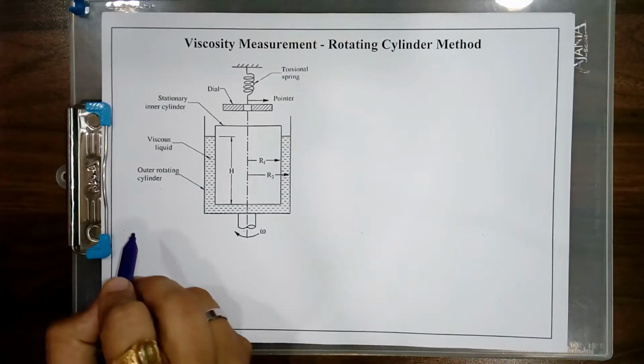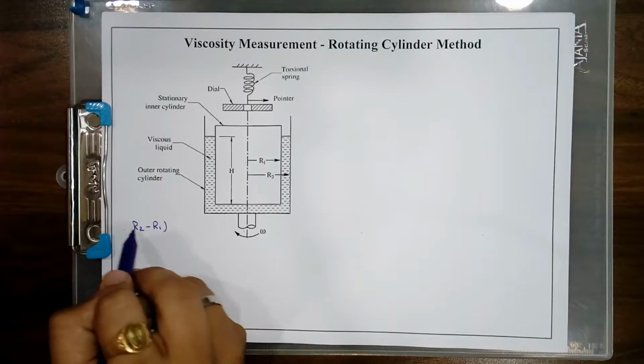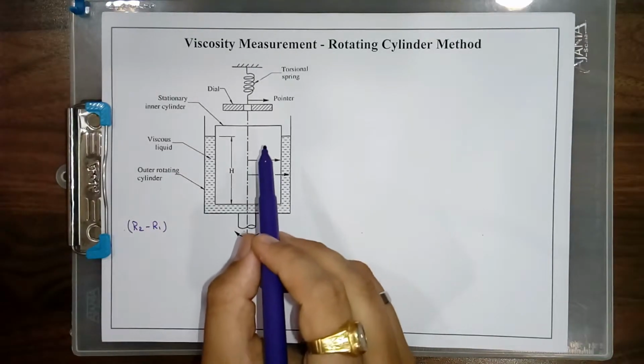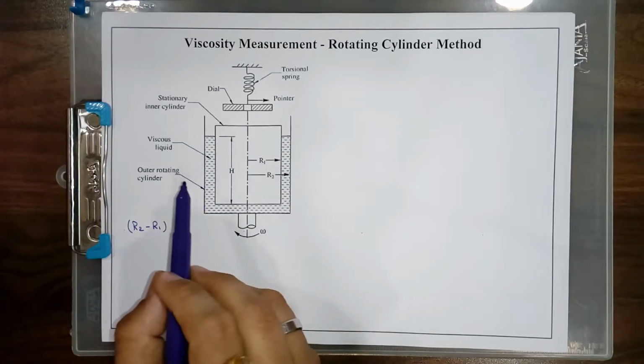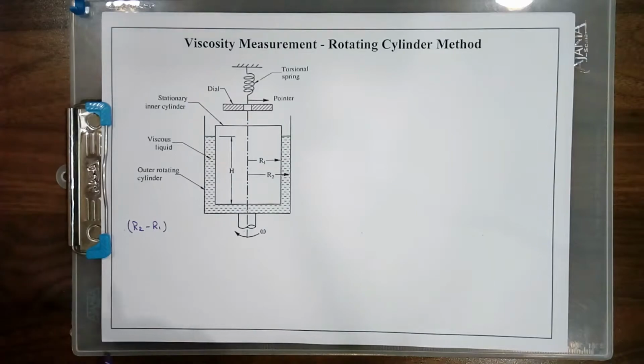So r2 minus r1 is the clearance between these two cylinders, and in this clearance we have filled the viscous liquid for which we are going to measure the viscosity.